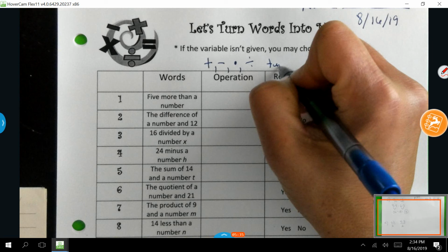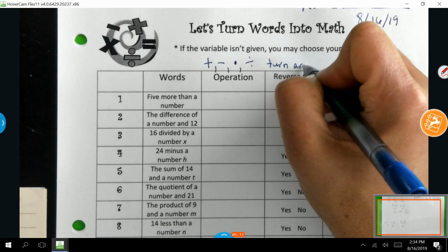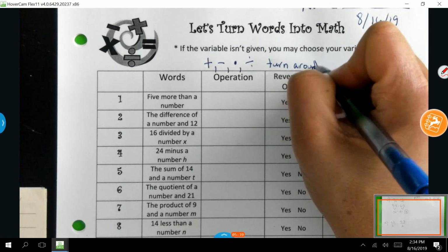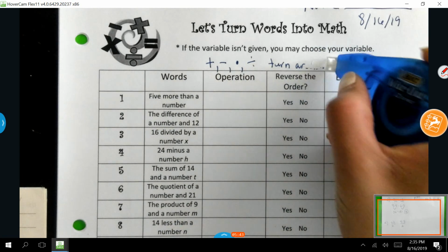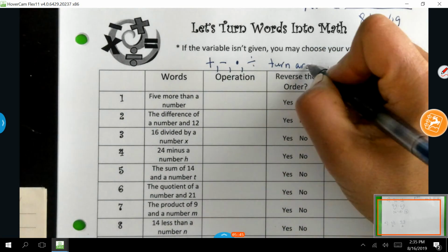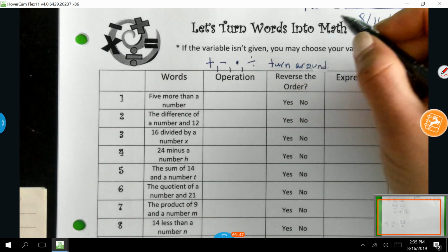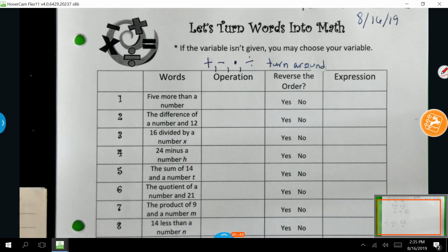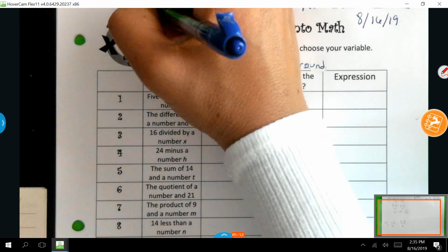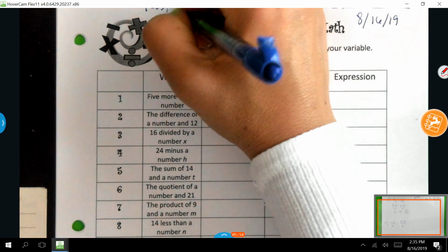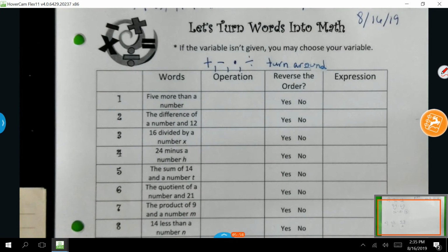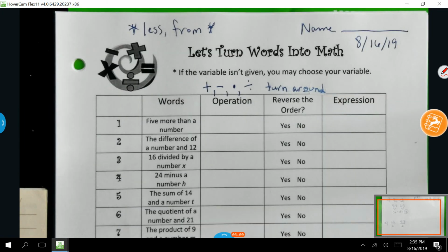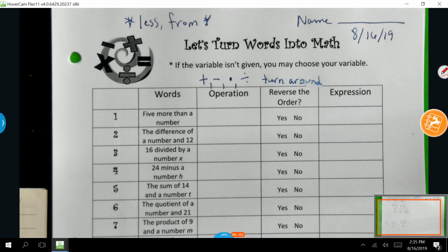That means these are our turnaround words. Remember, what are our turnaround words? Less than. Less and from. That's what you're looking for. That will tell you to reverse the order.